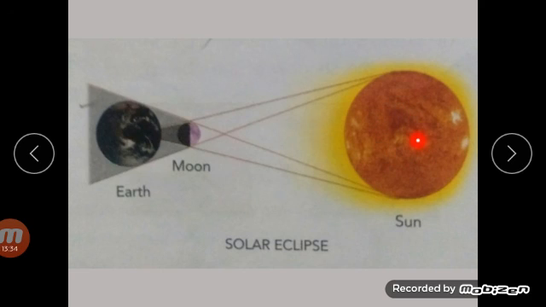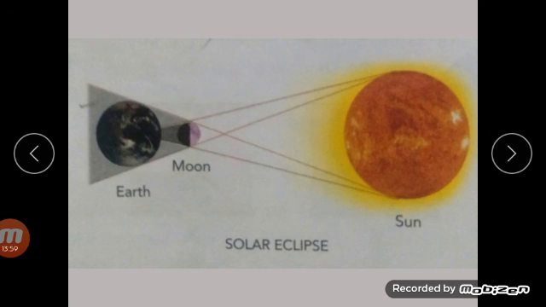The sun is a source of light, while this earth and moon are all opaque objects. They are not transparent. They are not translucent, they are opaque objects. So they block the light of the sun. Clear? So they block the path of sunlight during their movements.